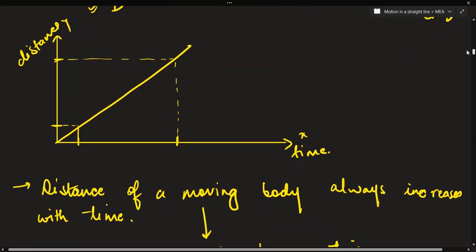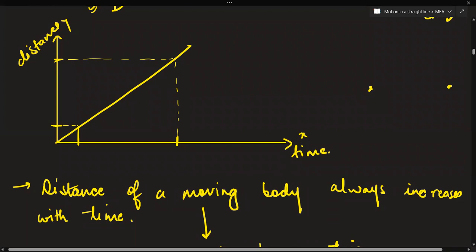Distance versus time graph. Now, whenever you draw it, distance always increases with time. This is not the graph for displacement. Why will distance increase? Because if you cover some path, however you may come back to the initial position. Let's say this is the starting point, that is A, and this is the final point.